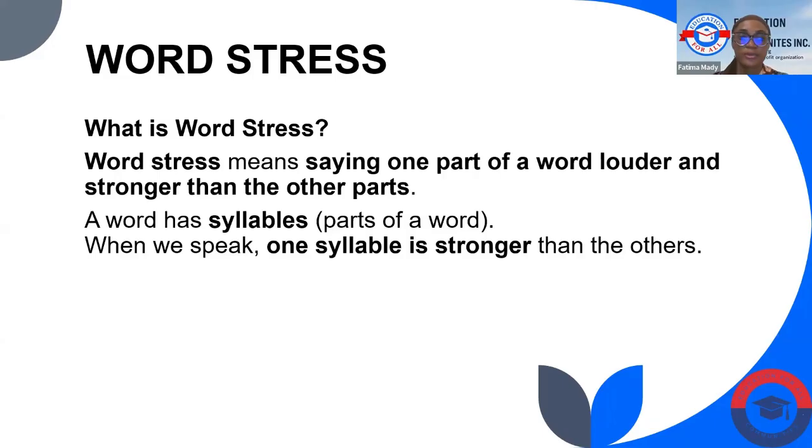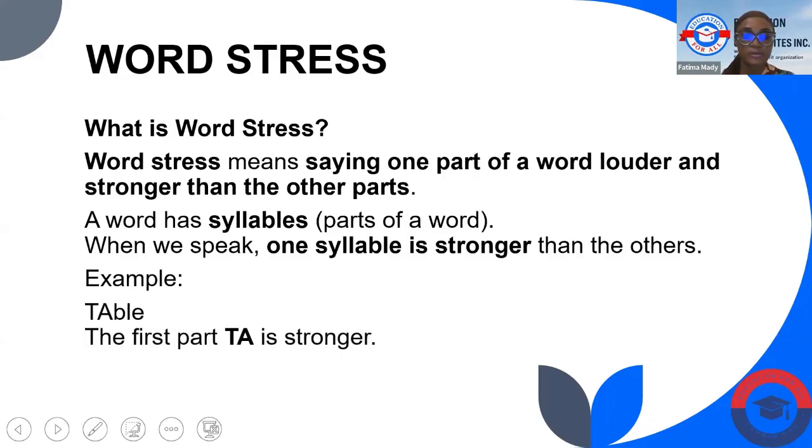Now we have an example. Table, table. The first part, TA, is stronger. Here we have two syllables, and the first one is stronger than the other one.